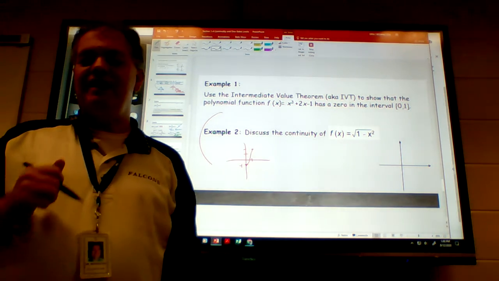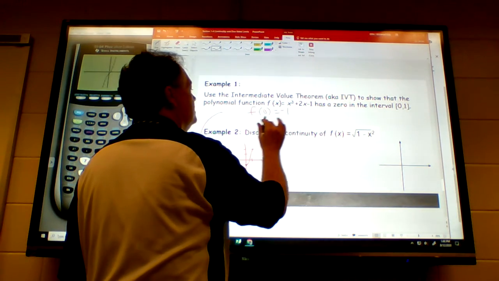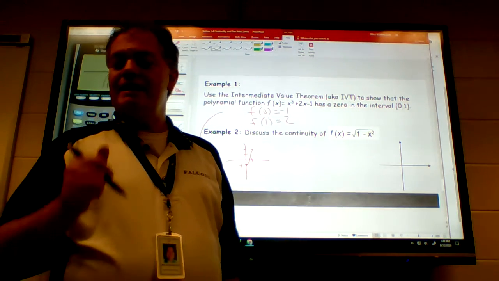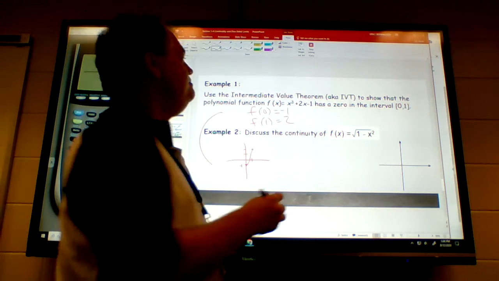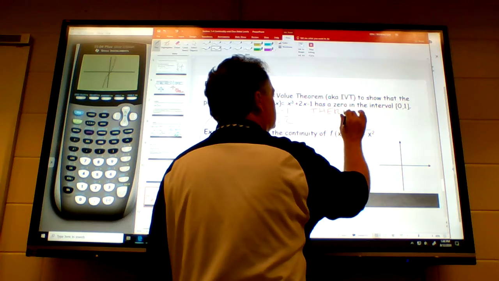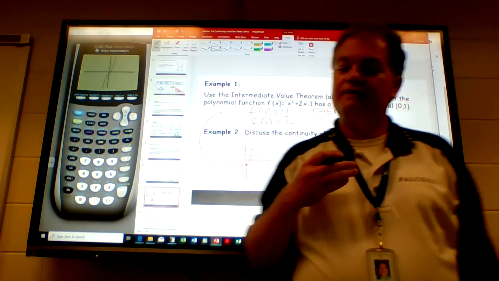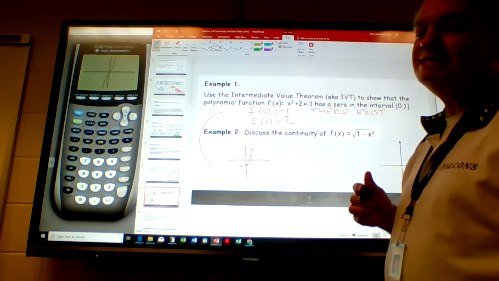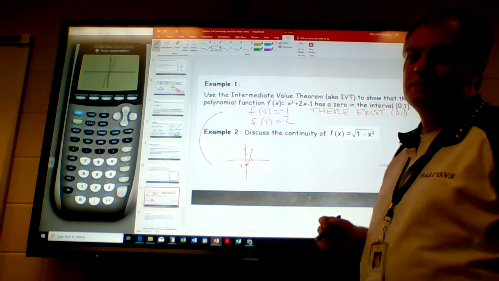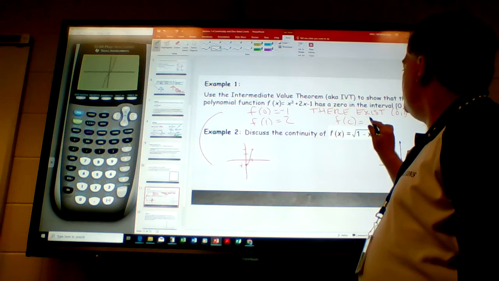What the intermediate value theorem says is this, and I'm going to write this down: f of 0 equals -1 and f of 1 equals 2. It's saying that somewhere in between there exists a value c between 0 and 1 such that f of c equals 0.